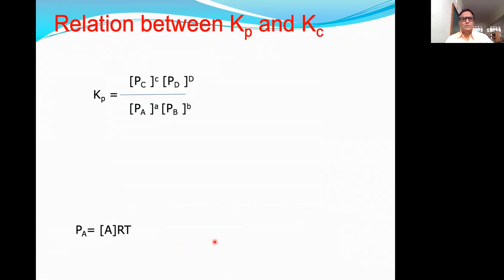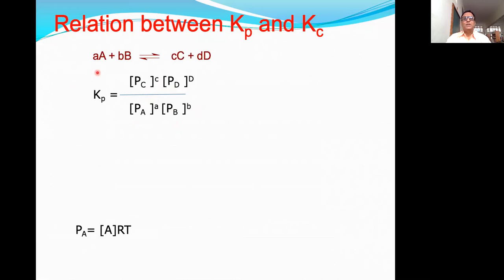Now we'll derive the relation between Kp and Kc. You know that Kp is equal to Pc raised to c into Pd raised to d, divided by Pa raised to a into Pb raised to b.